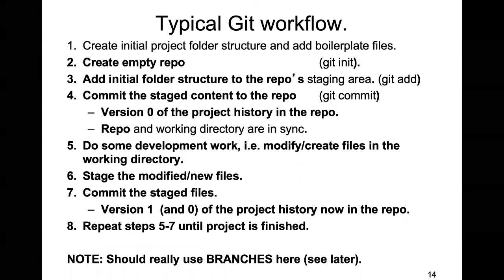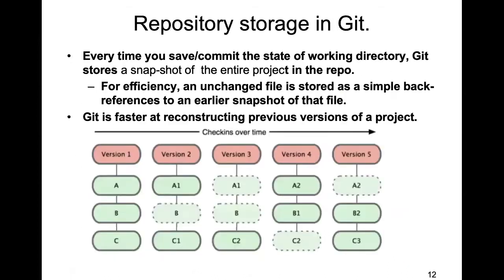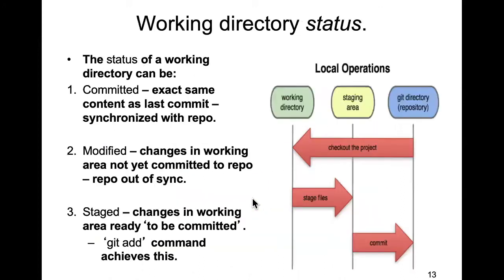And you continue on in that vein. You continue on between 5, 6, and 7 as you work your way through the project. So every time you do step 5 and 6, you are essentially adding another line to this log or this history of your project, and you're adding it to the actual Git repository.